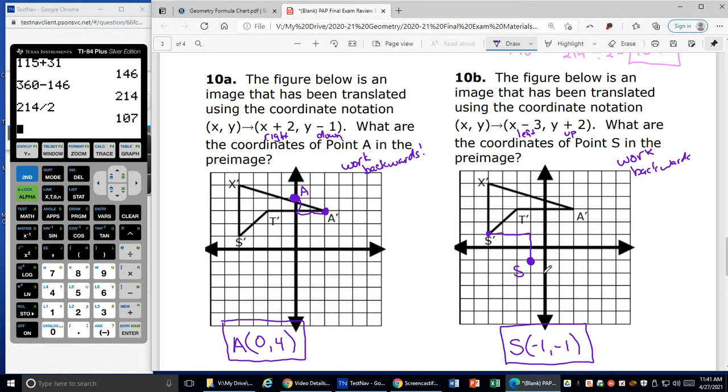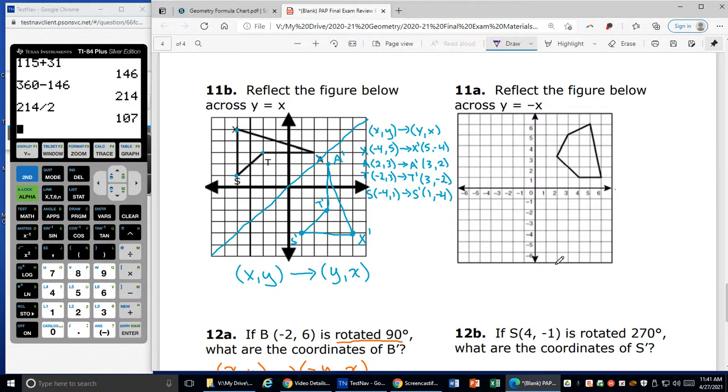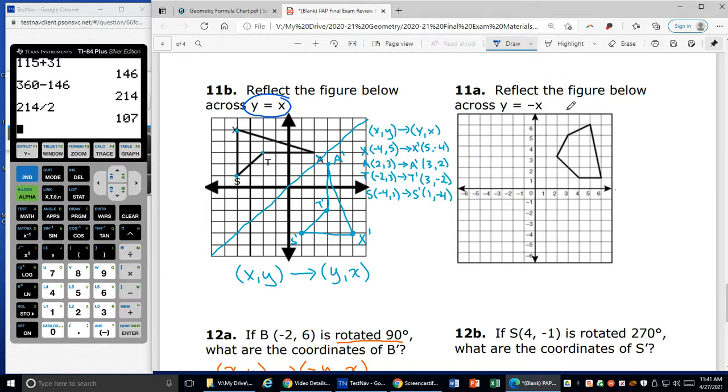Okay, let's look at 11A. Reflect the figure below across the line y equals -x. So when I look at y equals -x, it's different than over here, right? This time I'm reflecting across not y equals x, but y equals -x. So that is this line here that I'm reflecting across.